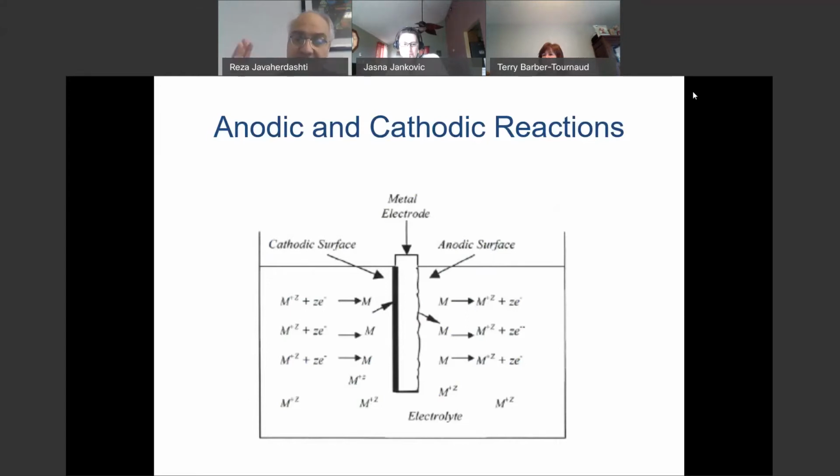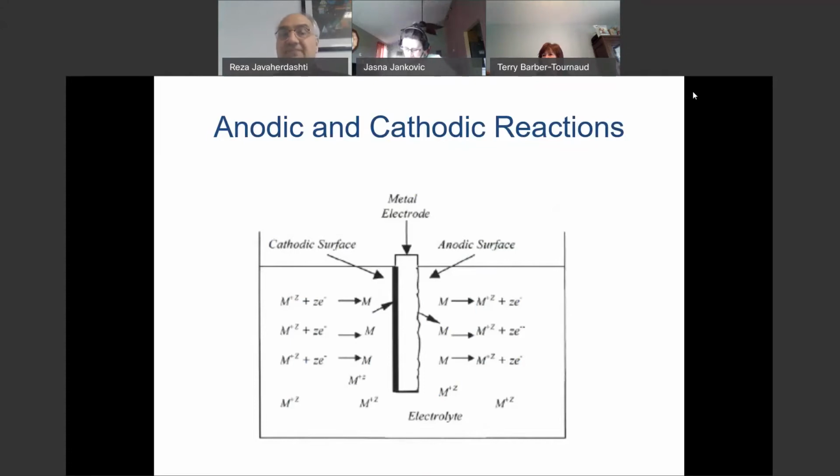For that, you have to have an environment through which ions will be moving around, and that is called electrolyte. And because corrosion is only used to address metals, then basically electrons will transfer from anode to cathode via the metal itself.